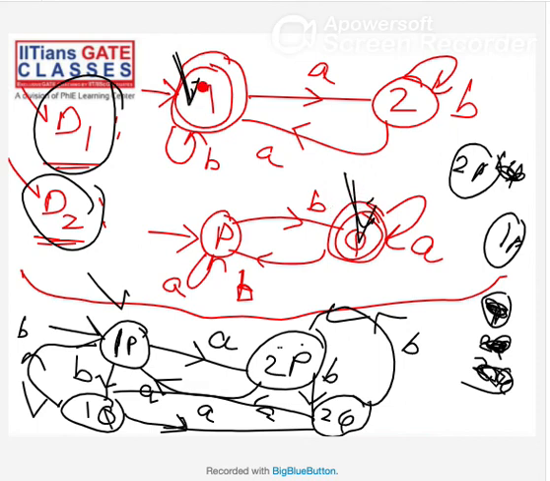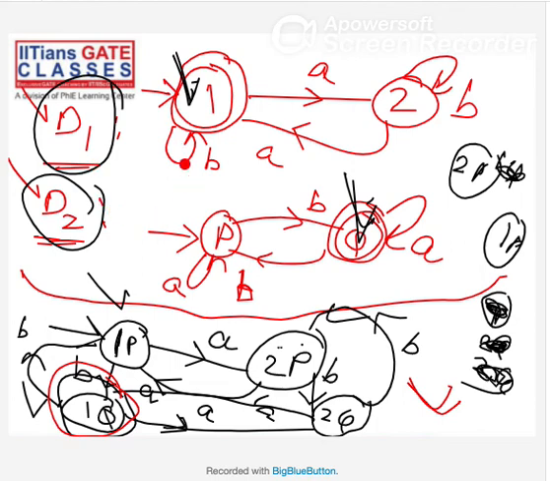Basically you will make 1q the final state. So if you make this 1q the final state, then your DFA will accept L1 intersection L2.